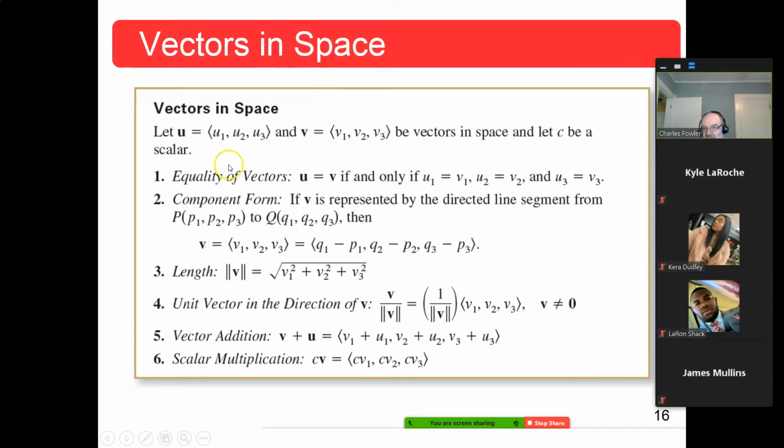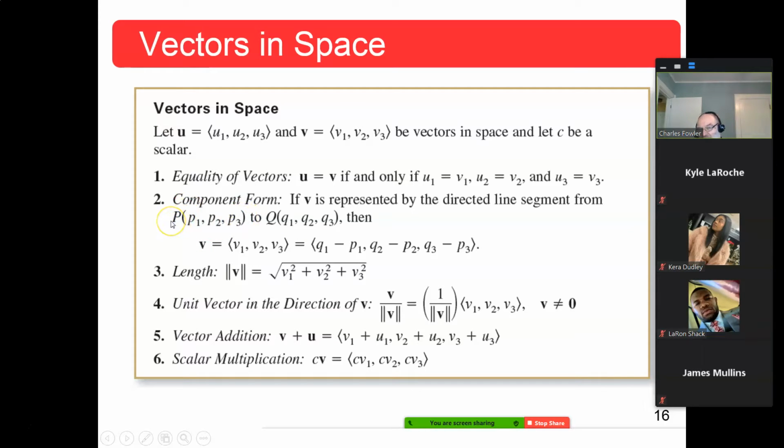Second, in component form, if V is represented by a directed line segment from some point P, now this is a point, those are vector components. These are point coordinates. This would be P1, P2, and P3, in parentheses.